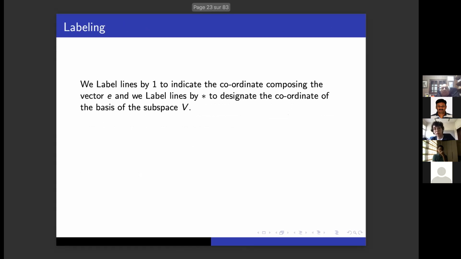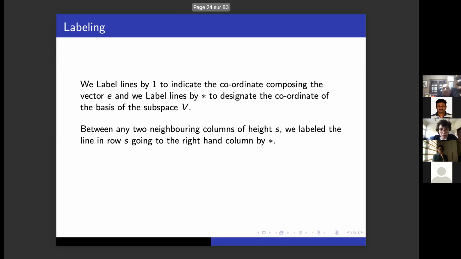I will label lines by 1 to indicate the coordinates composing the vector E, and I will label with a star to specify the coordinates of the basis of the vector space V. Also, between any neighboring columns of height s, I will label the last line, in the last row s, the right-going line of the column, by a star.